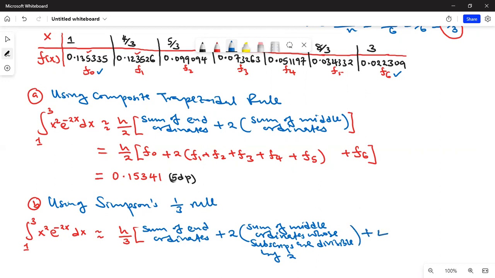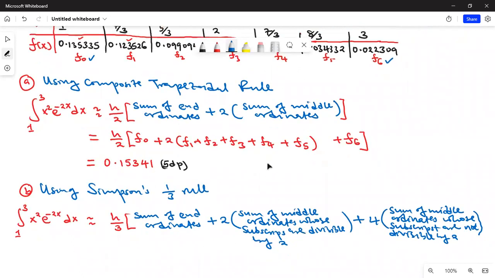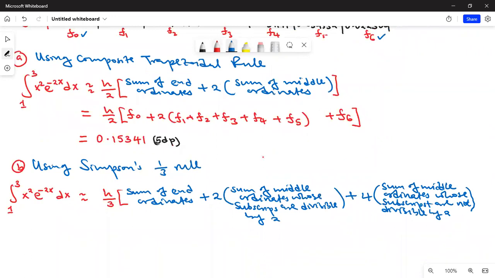Then lastly, we have 4 times the sum of middle ordinates whose subscripts are not divisible by 2. That is Simpson's 1/3 rule in words. So there's a bracket here.